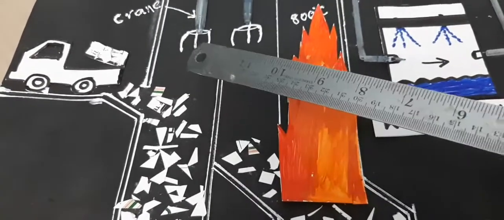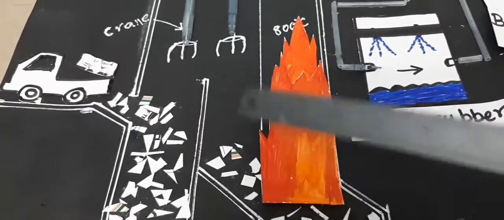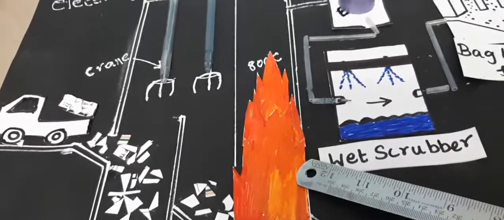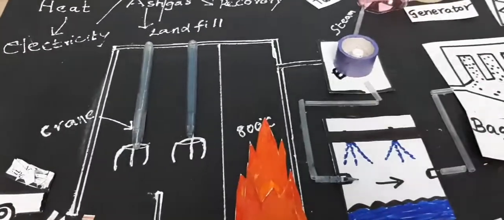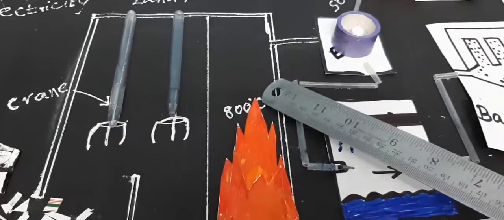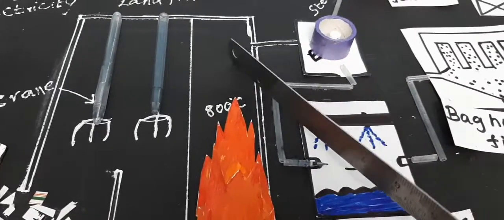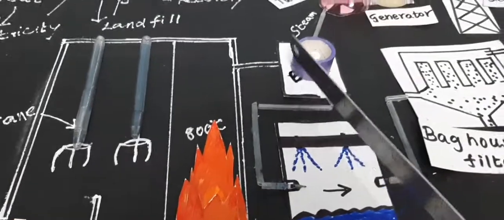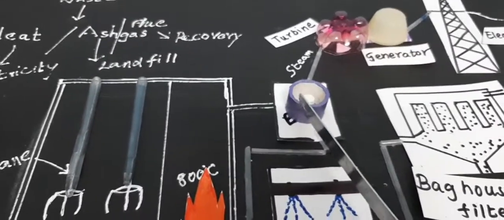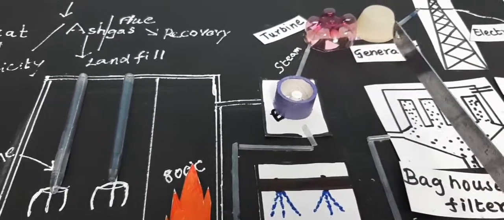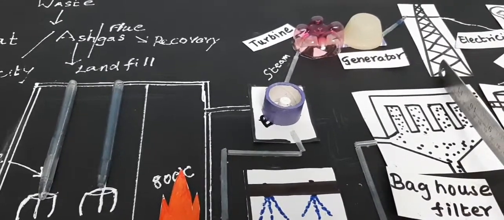Then the waste materials are fed into the furnace through a crane arrangement. The waste materials are burned to achieve a temperature of greater than 800 degrees Celsius, and the hot gases produced in the chamber pass into the boiler where steam is produced. The pressure of the steam is utilized to turn the turbines of the generator to generate electricity.